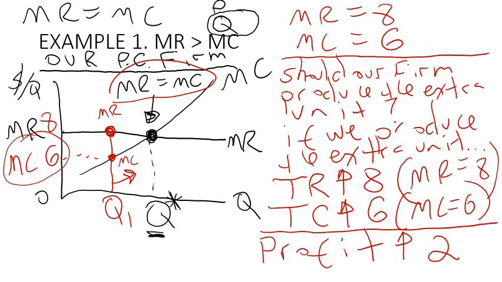Why $2? Because that's the difference between marginal revenue and marginal cost, the increase in total revenue and the increase in total cost. So whenever MR is bigger than MC, should we produce the extra unit? The answer is yes.